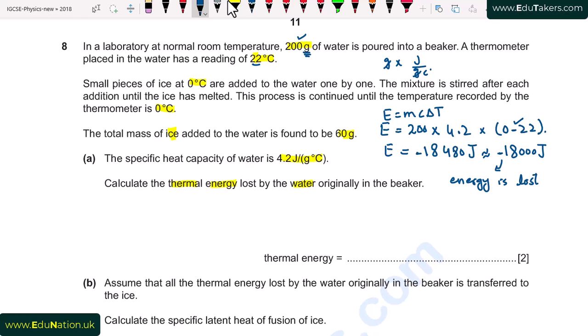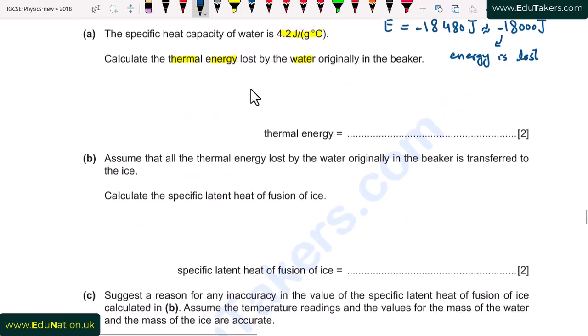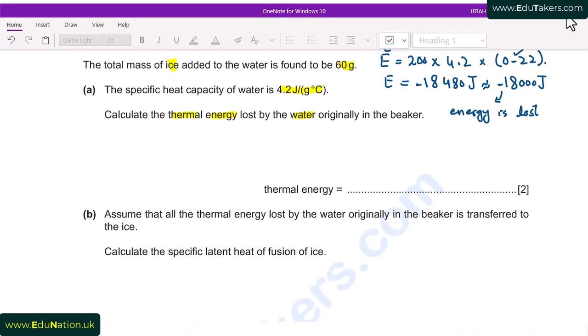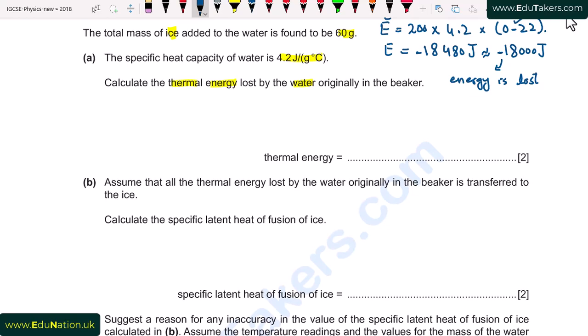So here we write the thermal energy, and this thermal energy will be equal to 18,000 joule.